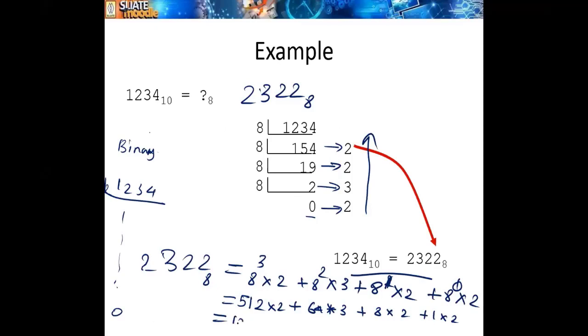So we get 1024 plus 192 plus 16 plus 2. If you add this up, you get 1234.